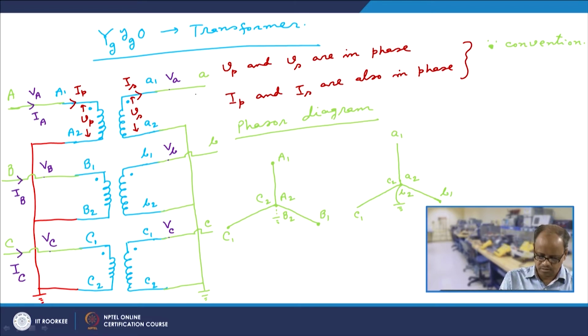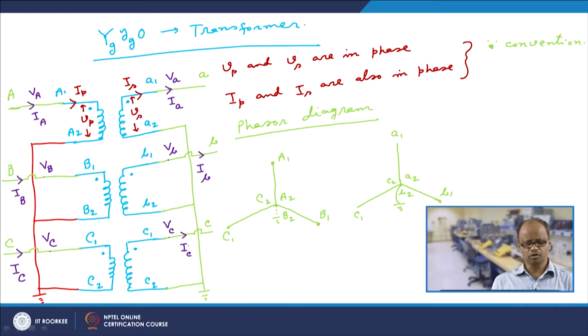And in the same vein, the current which is going away from the winding towards the phase A terminal in this direction, we will say that is small ia, because as we have said we denote the secondary side with small letters and the primary side with capital letters. So, this current is small ia, this current is small ib, and this current is small ic.